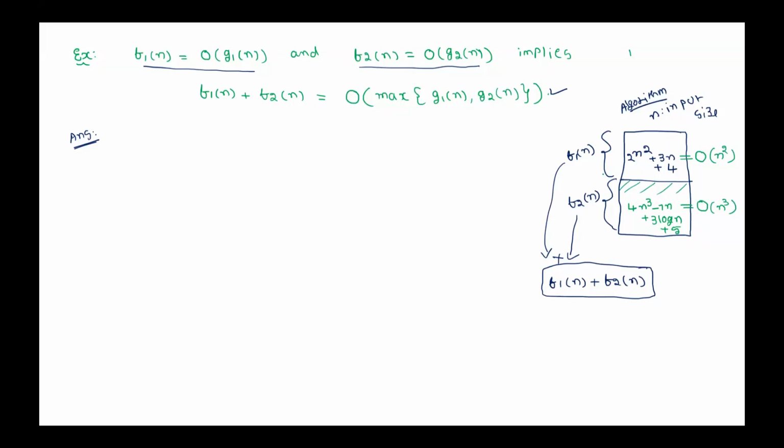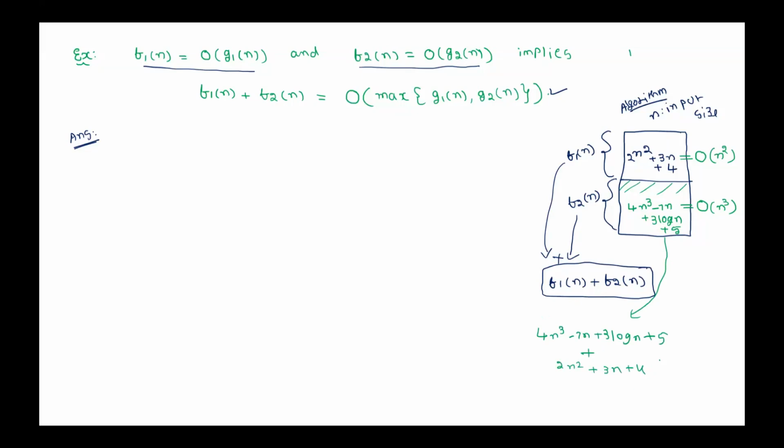Now, combining them, what is the total number of operations performed here? Total is 4n cube minus 7n plus 3 log n plus 5 plus 2n square plus 3n plus 4.